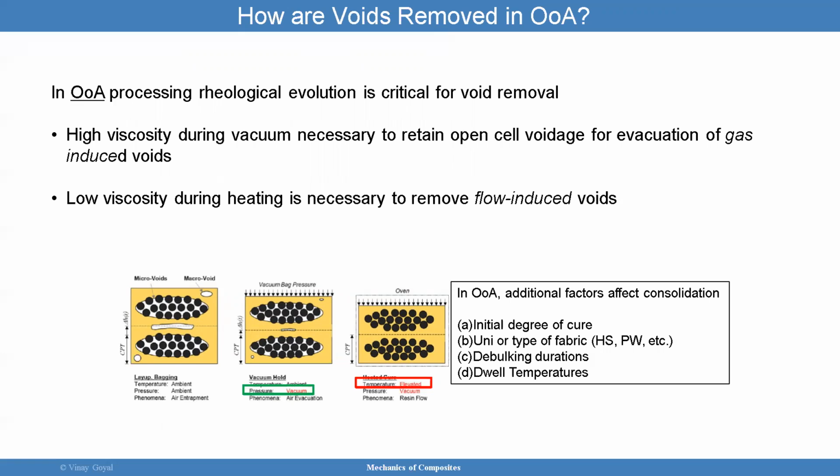So there are additional factors that do really play into these issues. The initial degree of cure, whether you're working with a unidirectional lamina, which is plies going only in one direction, or whether you're working with a fabric, which means plies are running in multiple directions. We also have debulking durations and dwell temperatures. All that becomes extremely important in these calculations.